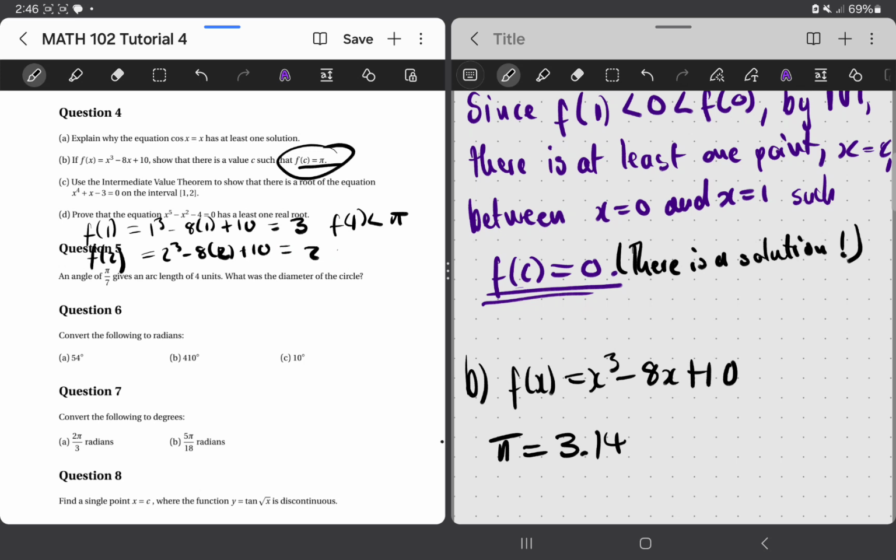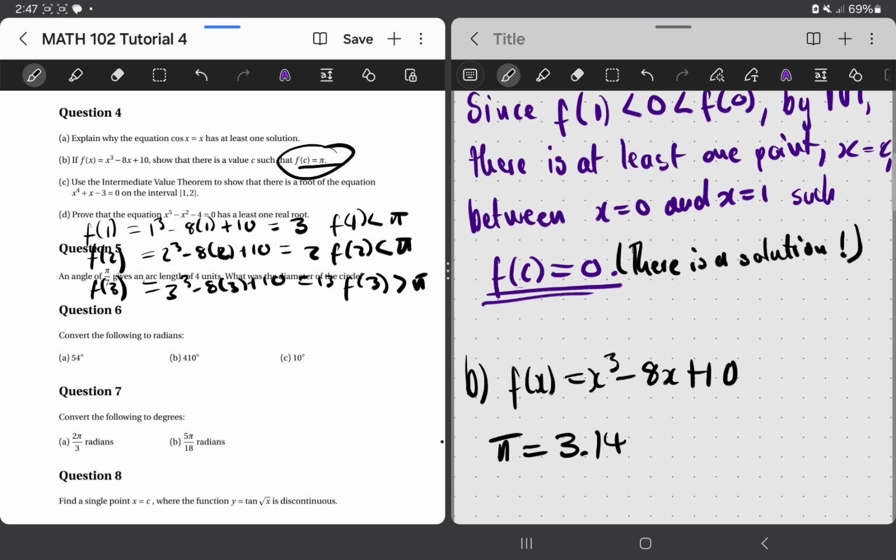This gives 2. So f of 2 is also less than pi. Okay, so what about f of 3 now? We can say 3 cubed minus 8 times 3, then plus 10. This gives 13. So we can say f of 3 is bigger than pi.